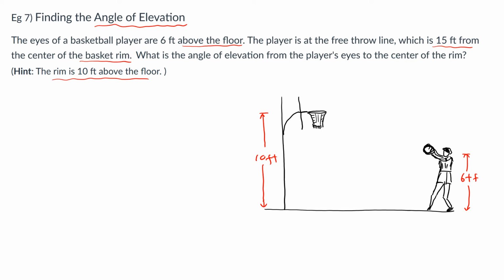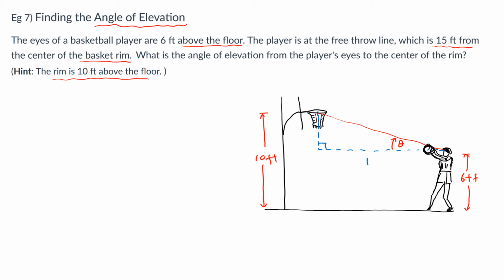Now we can use this information to draw a triangle. What we need is the center of the basket, so we draw a line from the center to the eye level, because we are looking for the angle of elevation to the eye. This is the one we are looking for. The angle we are looking for is theta, the angle of elevation, and we also know that this is 90 degrees.